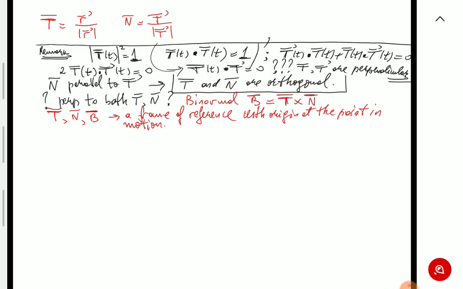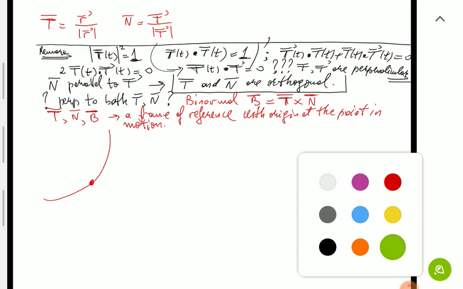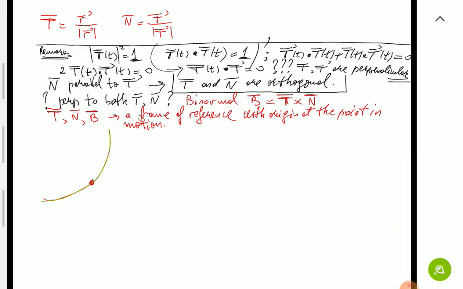So let's say the motion is like that, the curve, and the point in question is here. Let me actually do the curve with the black color. Oh, sorry, got to change the color.